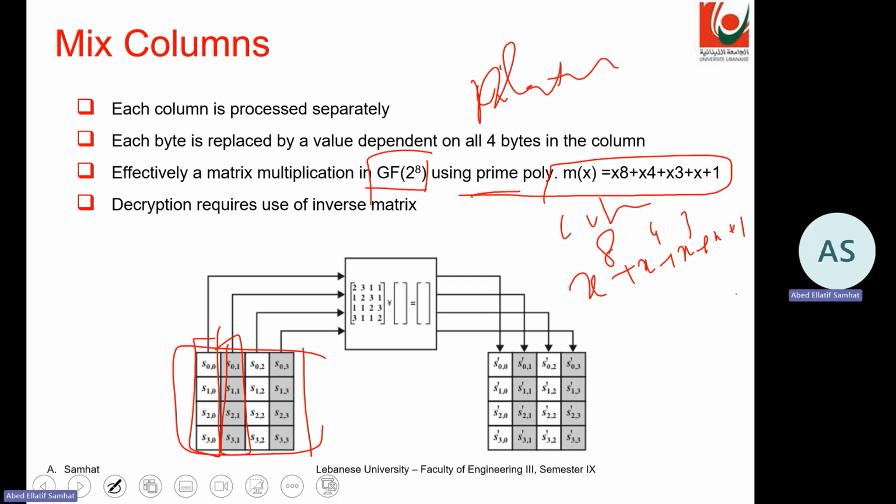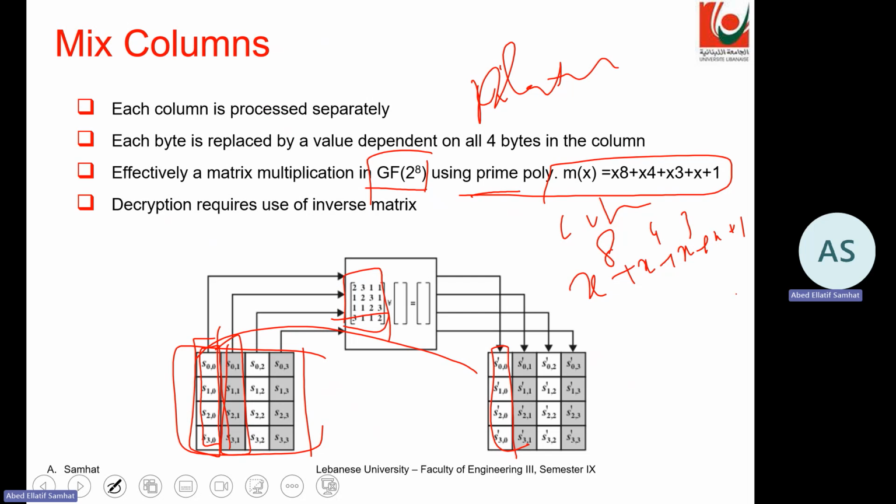So in this case, you have this column. If you multiply the column with a row here, you will obtain new values here. So this is a transformation using this calculation. This is typically the way to proceed.